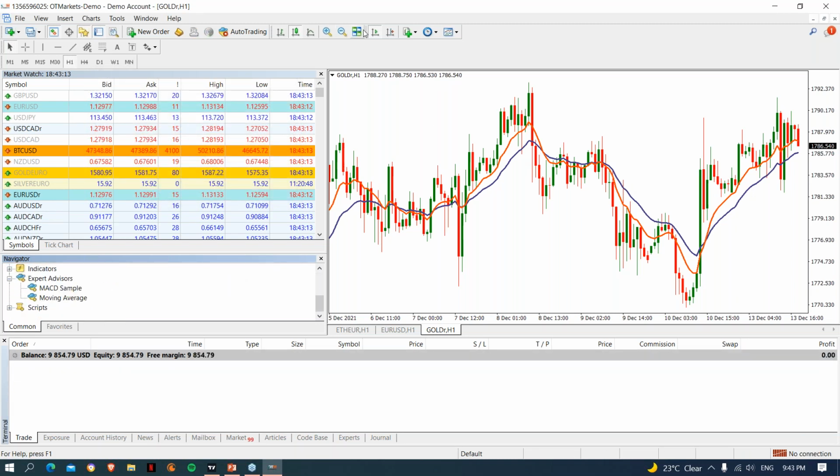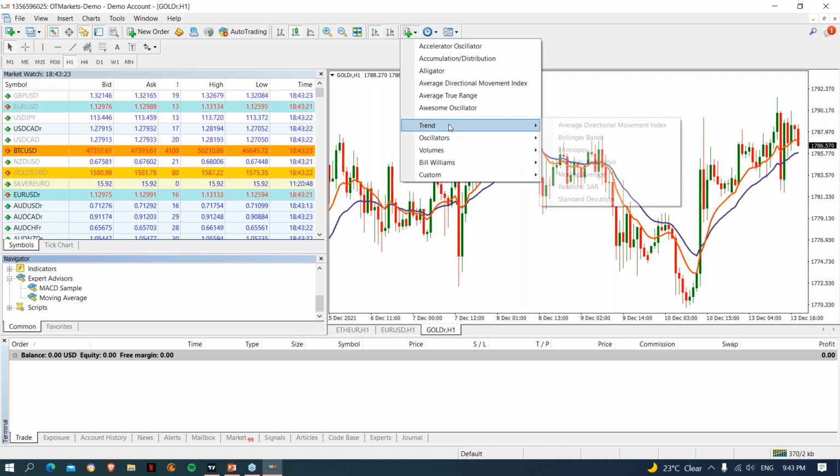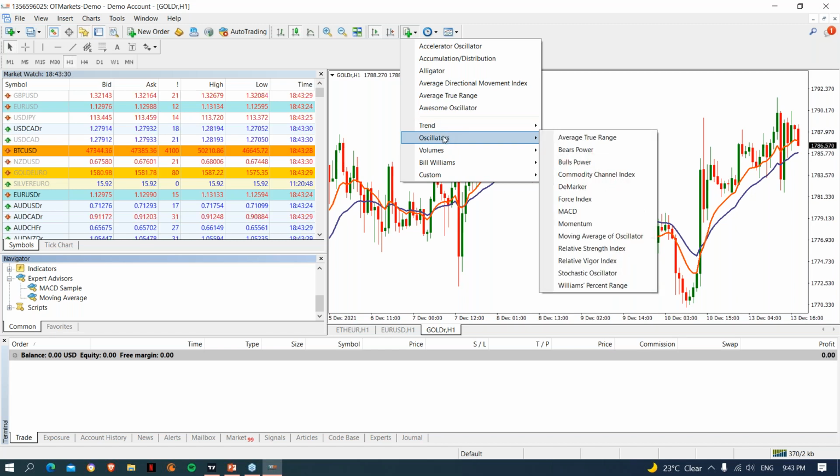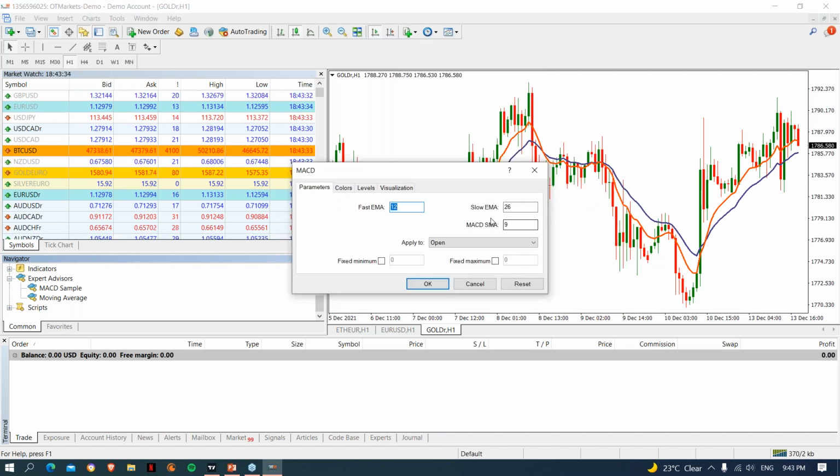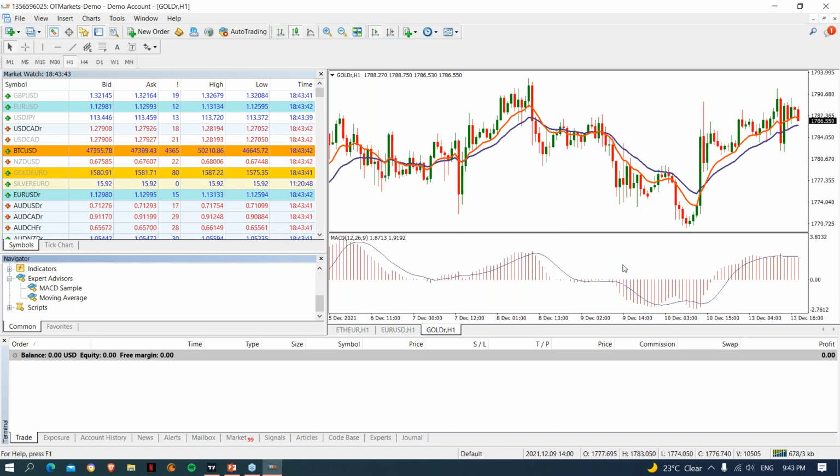If you go to your indicator tab, which is here, and go to trend, there's moving averages, there's other averages. What we want is the MACD. The MACD is an oscillator. We have the MACD here. Typical settings, see? You don't even have to click anything. It's already set to 12, 26, and 9. It comes out as histogram, MACD line, and the signal line. I already have it preset, that's why.